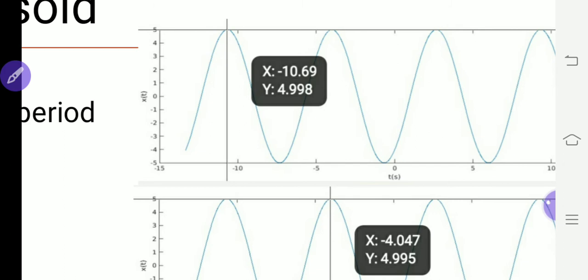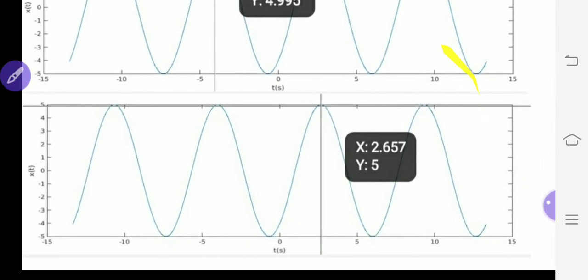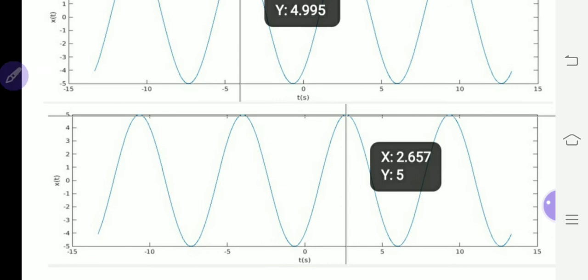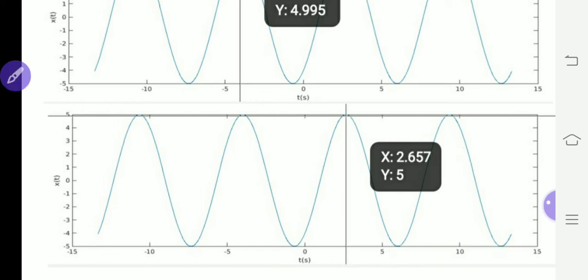Then this is the one that we have just now, at negative 4 seconds. And then this one is at 2.66 or 2.67 seconds.